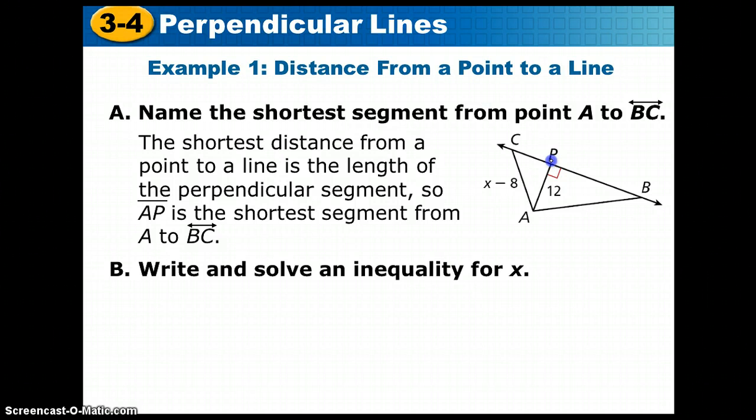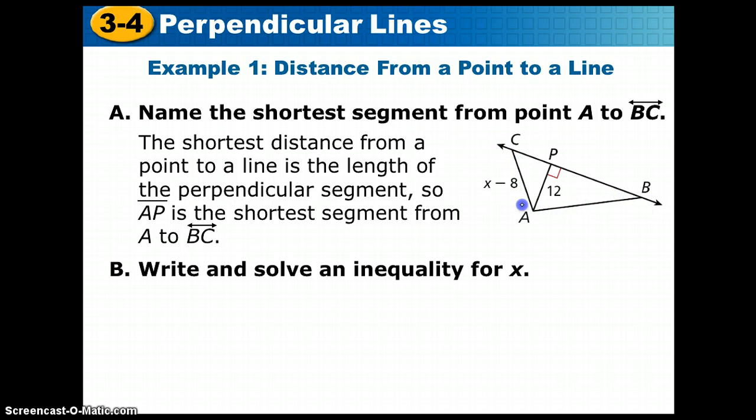Now, if it's the shortest segment, you know that the longest side of a triangle is always the hypotenuse. So in our triangles here, this bigger triangle is split up into 2 smaller triangles by AP. In this triangle on the right, we know that AP has to be less than AB because AB is the hypotenuse, it's the longest.